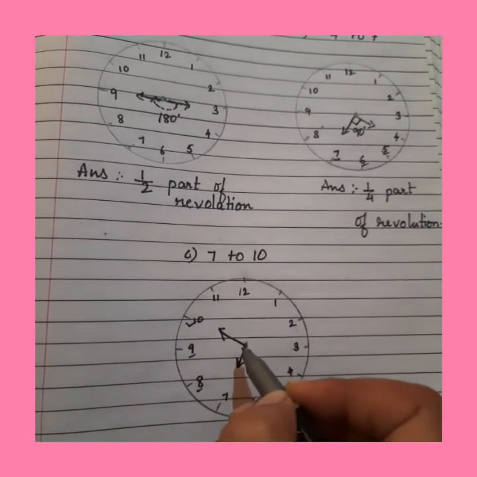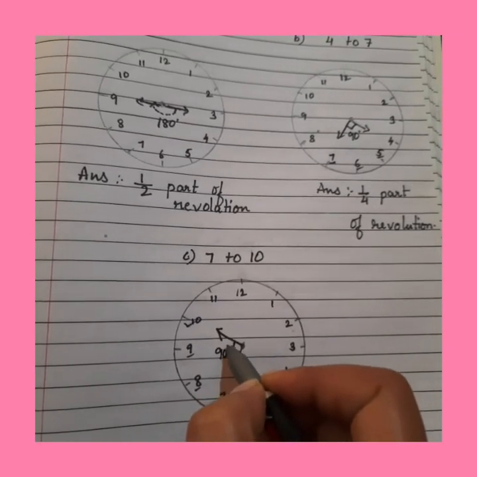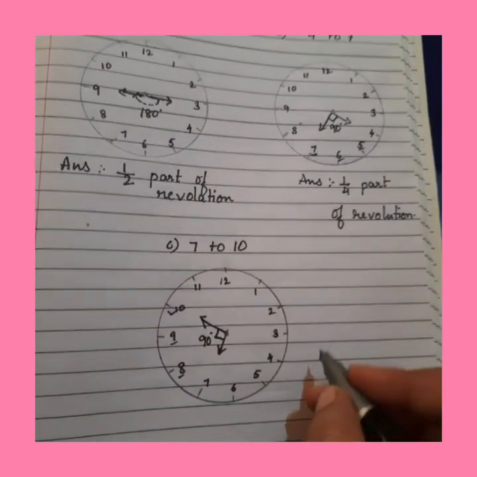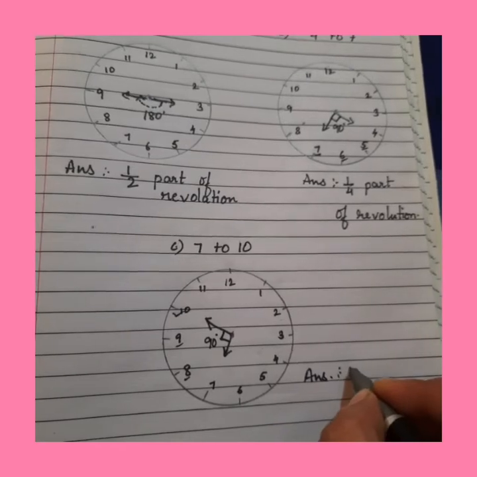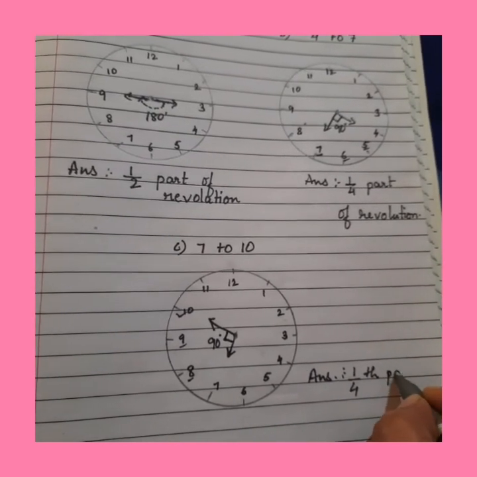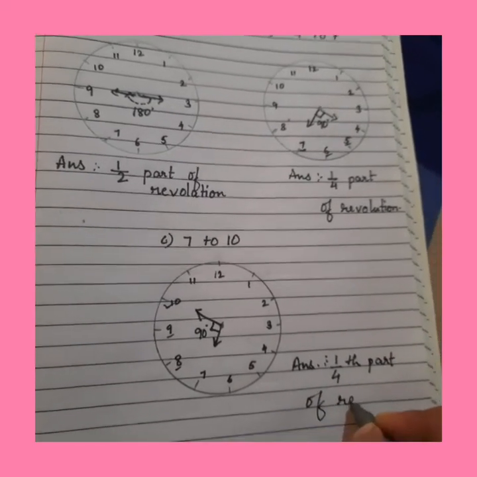So as you can see, it is making an angle of 90 degrees. So again it is doing 1/4 part of a revolution.